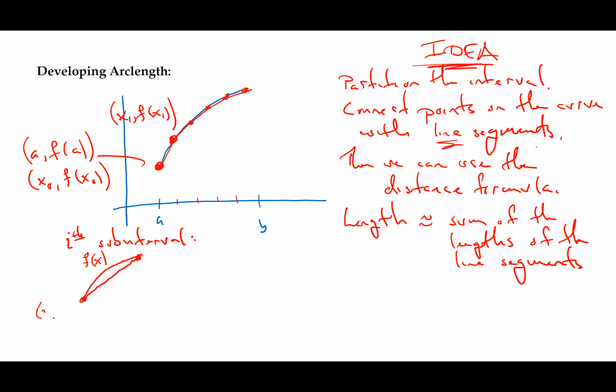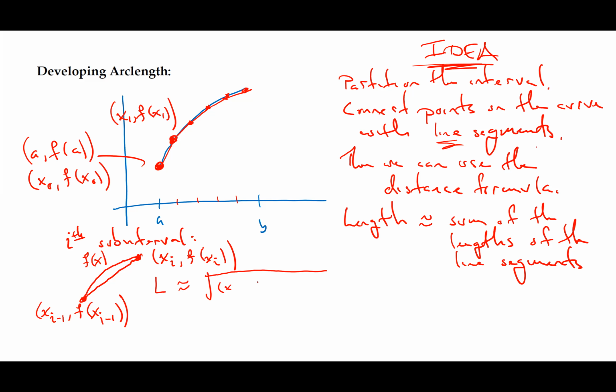So this might be x i minus 1, f of x i minus 1. And this point up here would be x i, f of x i. And so the length I could estimate using the distance formula.